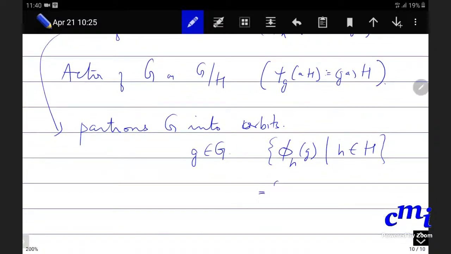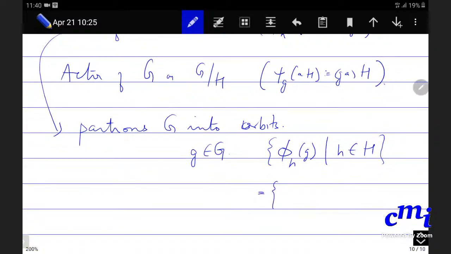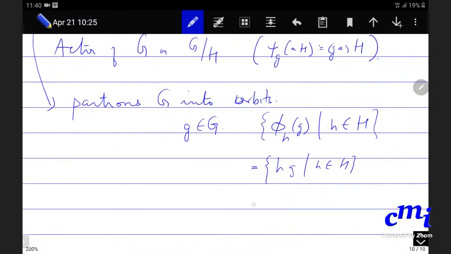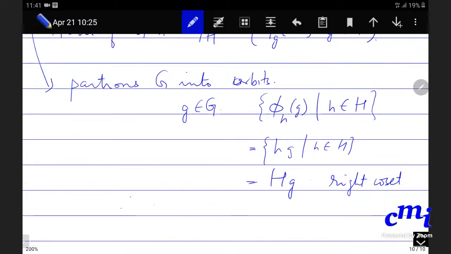But this is just HG, H inside H. And so this is the right coset. So the orbits are right cosets of H.